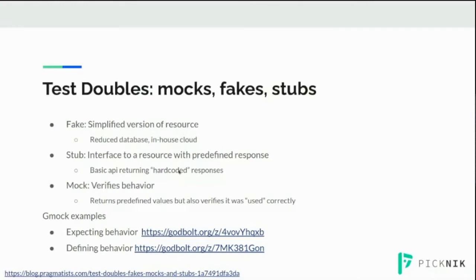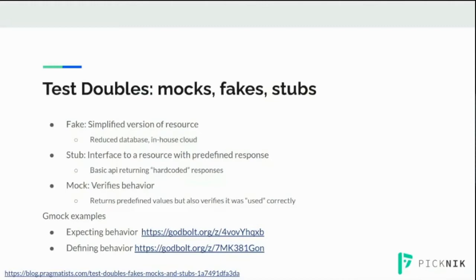A stub is something very similar to a mock, where you would make a little class, but it just has values, right? So like I give you this thing, this is what comes out. A mock is a more advanced version of a stub that is used to verify behavior.